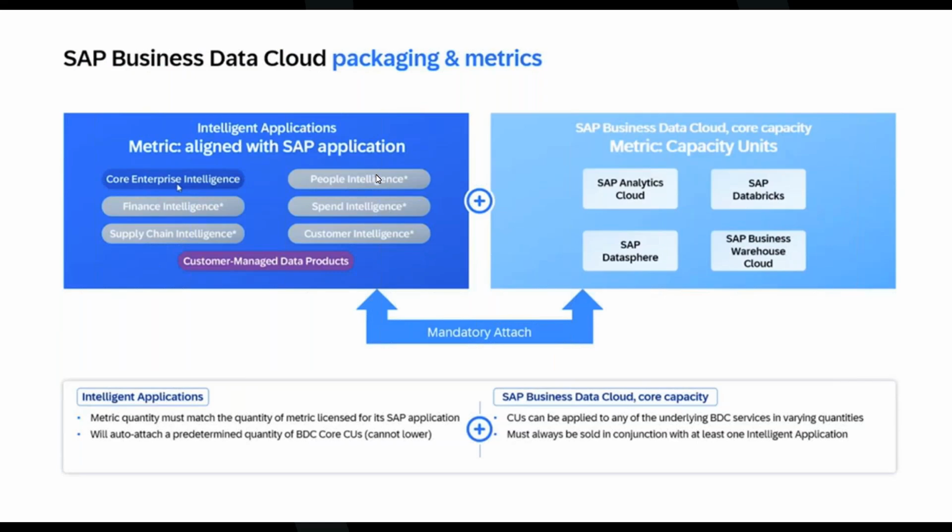People intelligence is SuccessFactors. SAP sells an application per source system, and the customer needs to buy. If the customer has these 6 applications, they need to buy 6 intelligence applications. And with this application, SAP provides data products. To have data products, the customer needs to buy an intelligent app.